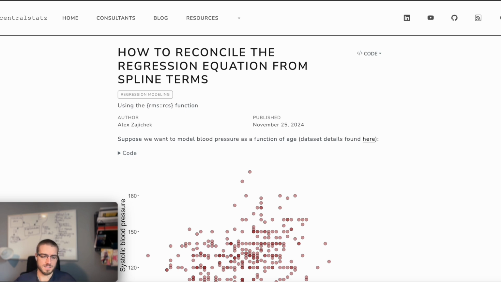Oftentimes in R, you'll look at the summary of your model and you'll get some parameter estimates, but it's not straightforward what those actually represent. It's not as simple as just plugging in your raw input value and summing the parameters together like you would in a normal regression equation.